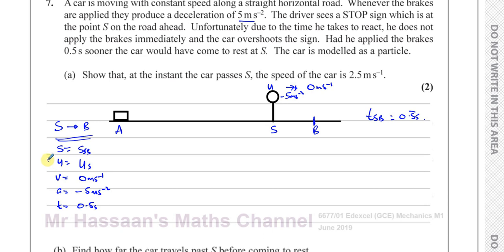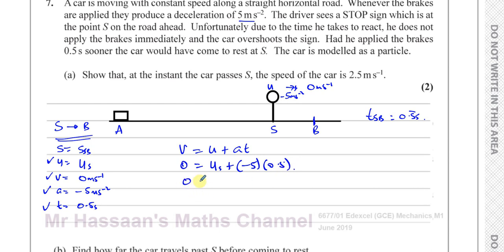So we need to deal with U, V, A and T. So we can see V equals U plus AT. We have to know the equations of motion. Very important for us to know them. V equals U plus AT is going to be used for this. So we know that V is 0. U is what we have to find, that's the speed at S, plus -5, which is the acceleration, times 0.5.